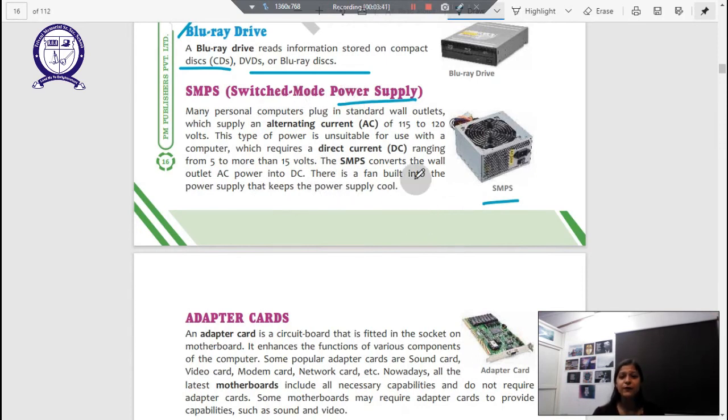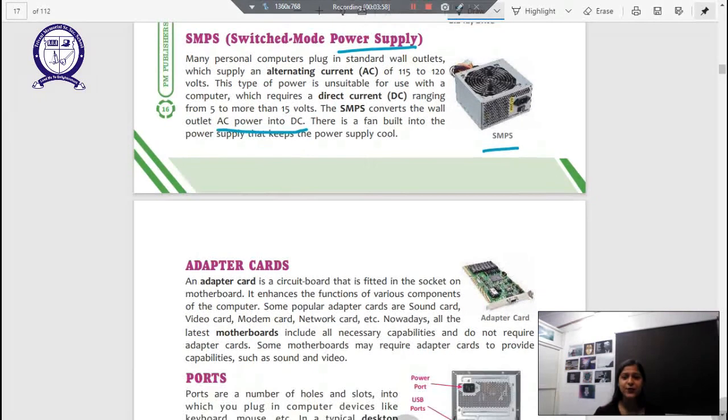SMPS converts the wall outlet AC power into DC. Problem is solved, and there's a fan built into the power supply that keeps it cool, so that it does not get warm or hot. There's a fan provided so that it continuously cools the system off.